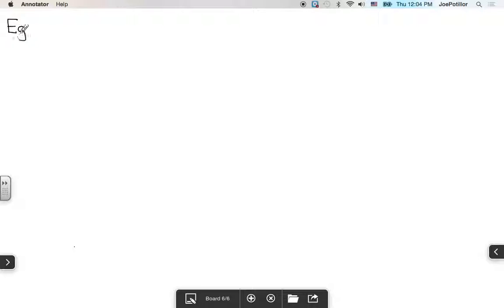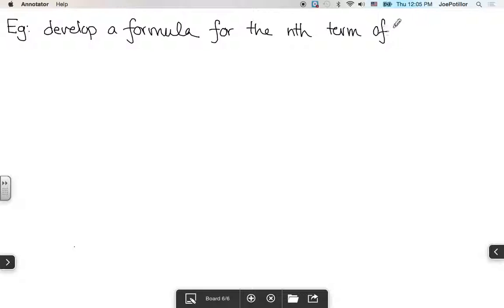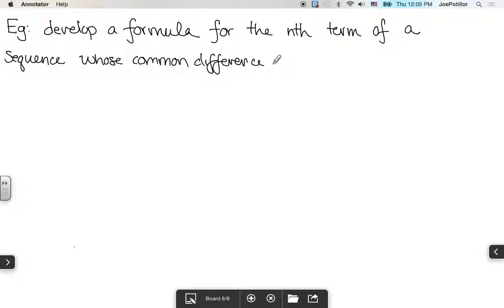Okay, here's our example. We're going to develop a formula for the nth term of a sequence whose common difference is 3 and the first term is 5.